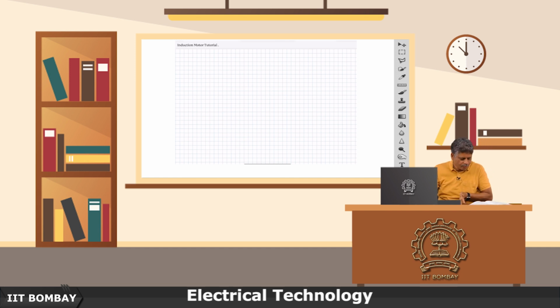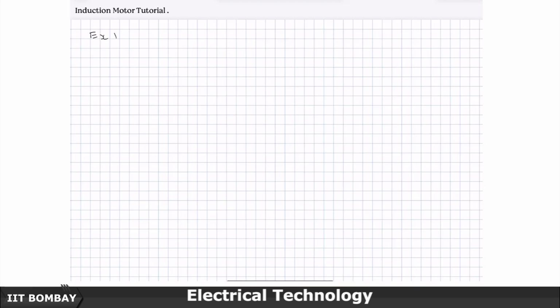So, the first example that I have here is a 3-phase induction motor, a 2-pole induction motor, and its 3-phase voltage is 866 volts. I deliberately chose this number. It is Y connected.